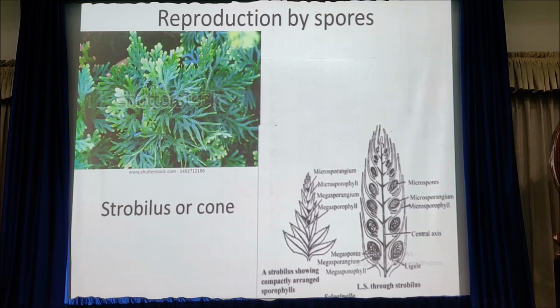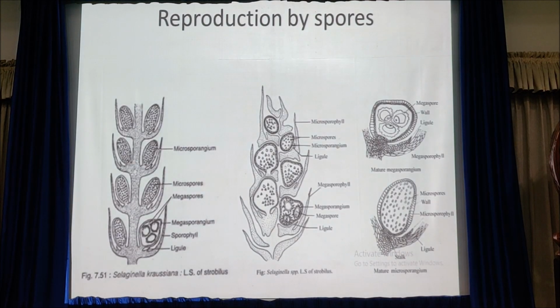Usually megasporophylls are seen at the basal part and the microsporophylls at the upper part. This is the megasporangium, megasporophyll, and these all are microsporophylls having microsporangium. This is the megasporangium and microsporangium. Both mega and microsporangium are stalked structures having a short stalk and a capsule.